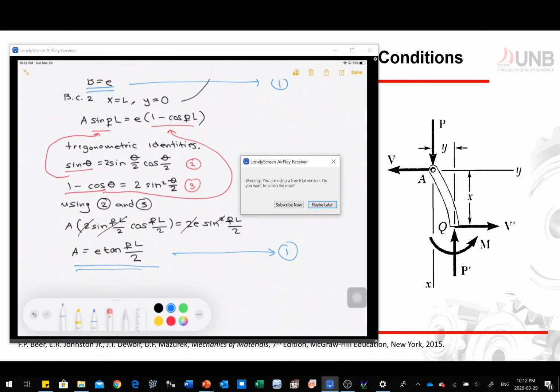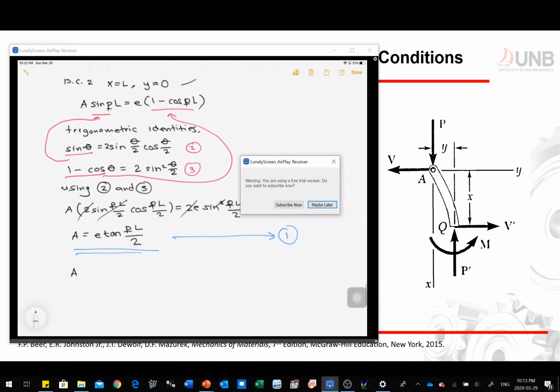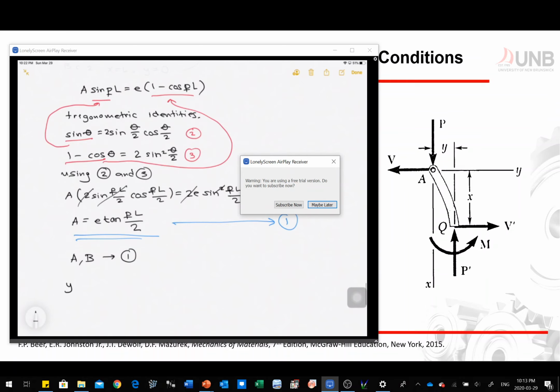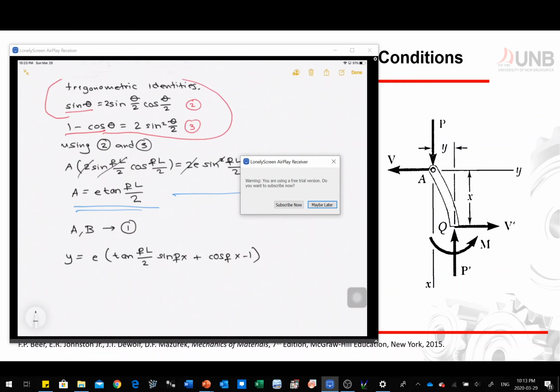Substituting A and B into equation 1, we have y is equal to E times, I'm going to show you the simplified form, tangent pL over 2 sine px plus cosine px minus 1. Now we have the following equation that describes y, and then we have all those numbers.